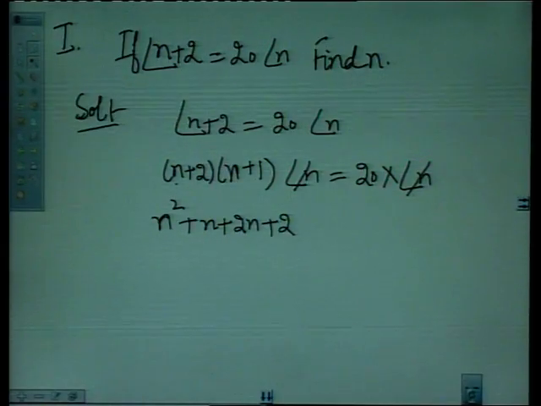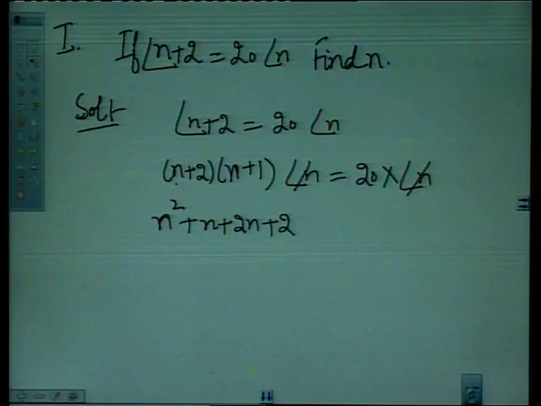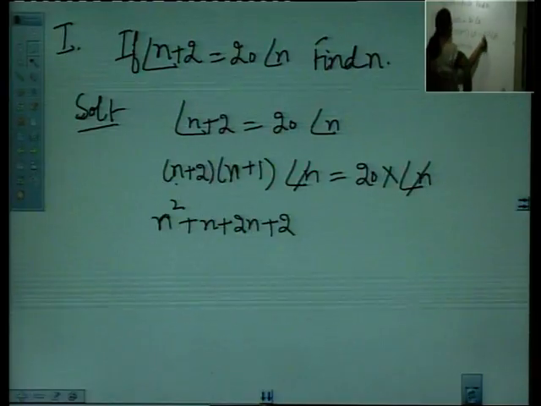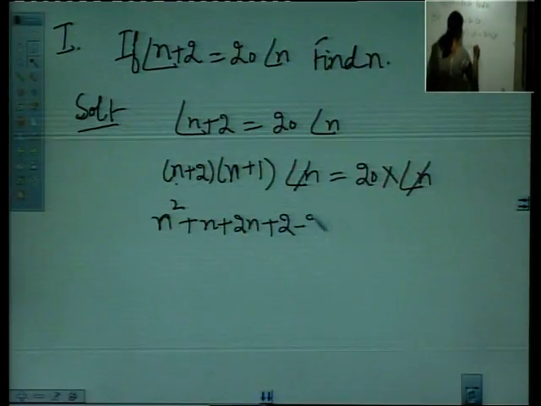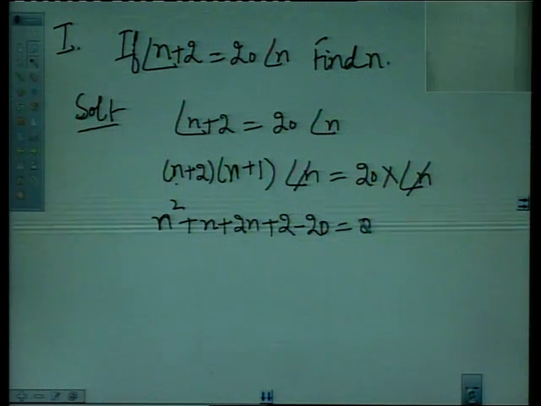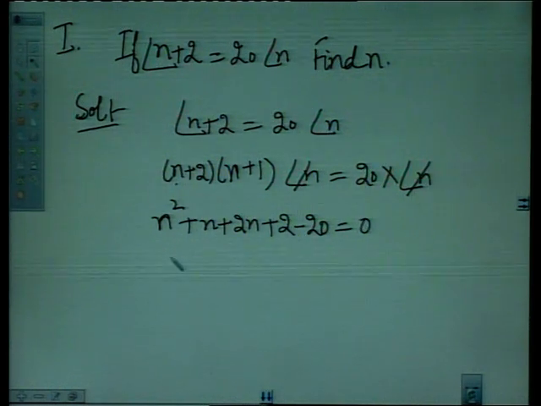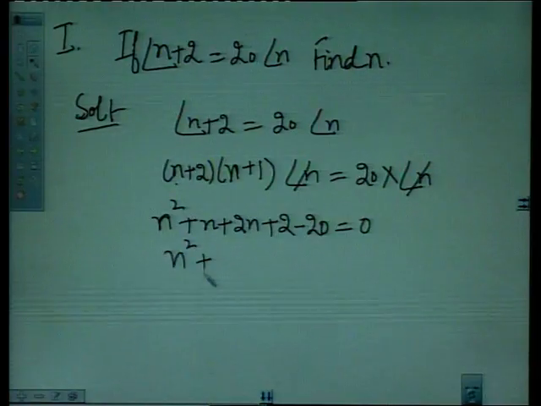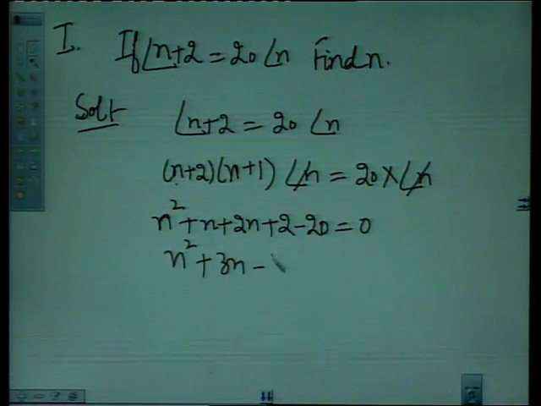We take this to the left hand side. When we take a right hand side term to the left hand side, it changes its sign. 20 is positive, when we take this to the left side, it becomes minus 20. This is equal to 0. Now, this is n square plus 3n minus 18 equal to 0.